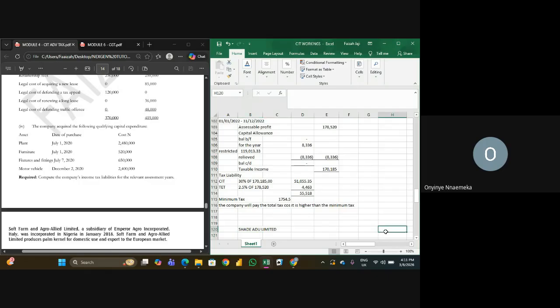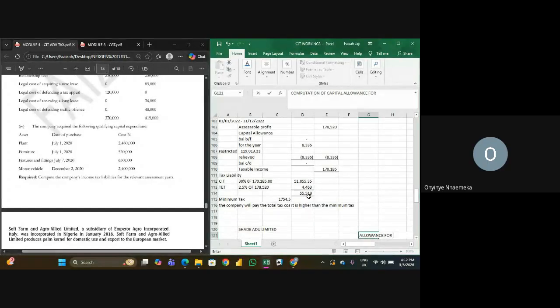Let's do capital allowance. Computation of capital allowance for, we have just 2 years there.